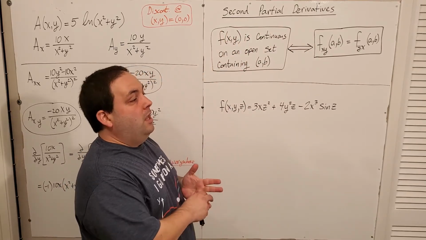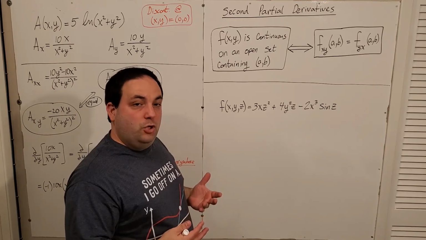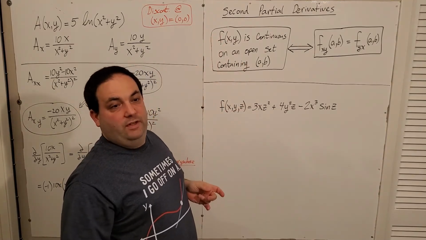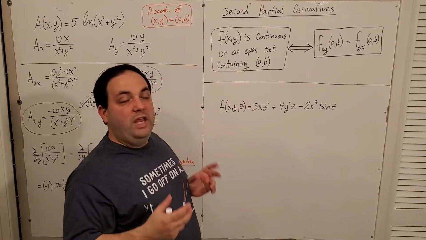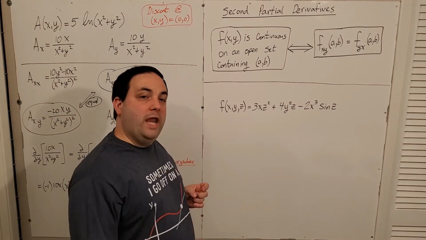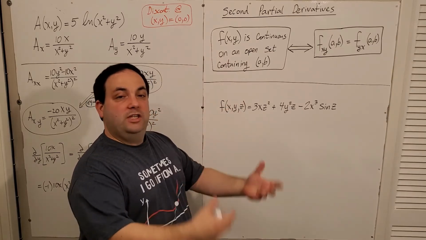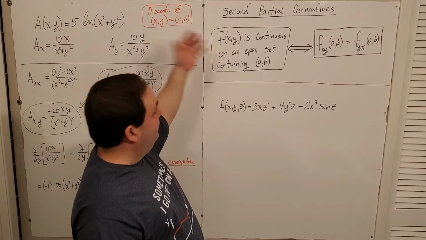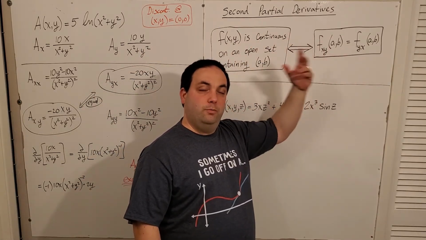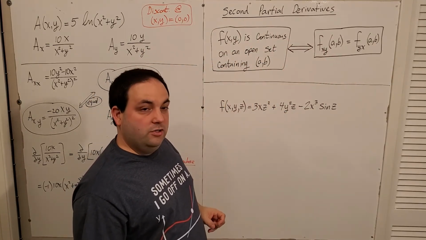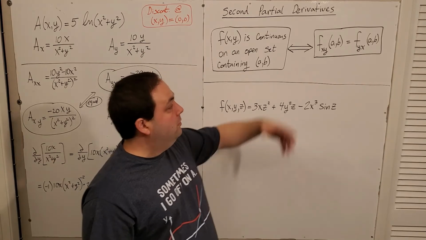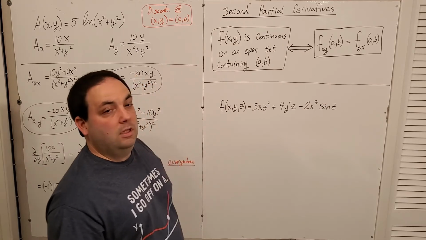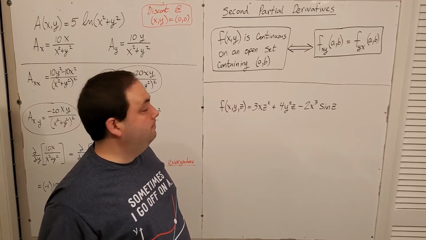And later on, that's actually a useful tool in reverse. If we take our second partial derivatives and show that they're both equal, then we can point out places where the function is continuous, because this is a two-way street. If it's continuous, then the second mixed partial derivative functions will be equal, or if the second derivative functions are equal, then the function is continuous.